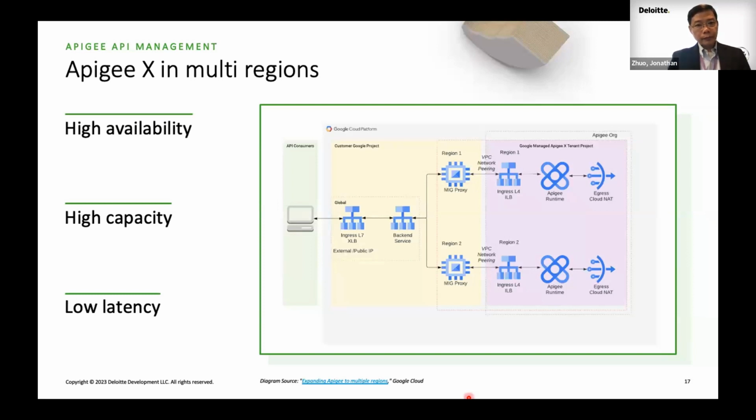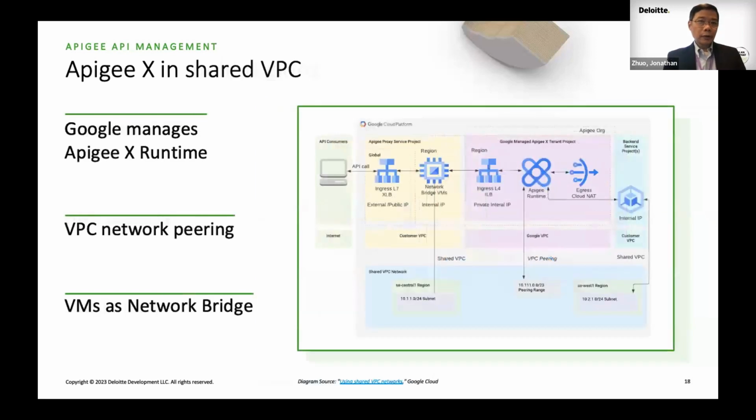Then I want to talk about a shared VPC. In an enterprise environment, shared VPC is very common. What it benefits you is that you can do a VPC peering between your Google VPC and your shared VPC network.